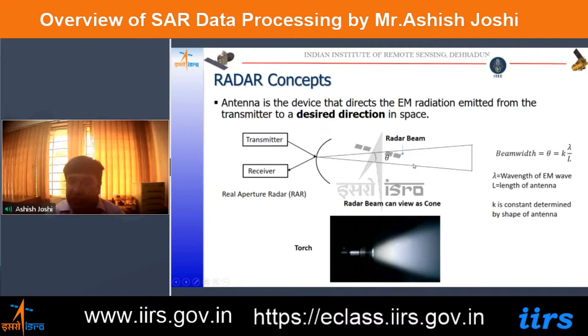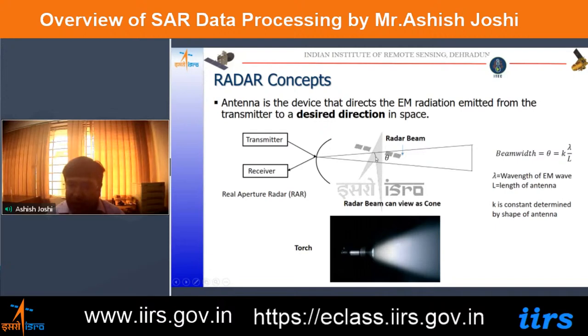Like a torch in the night illuminates the dark area, in the same way the radar will illuminate the Earth's surface through the radar beam. So this radar beam is the same as a torch beam.